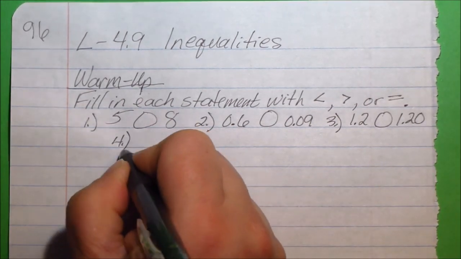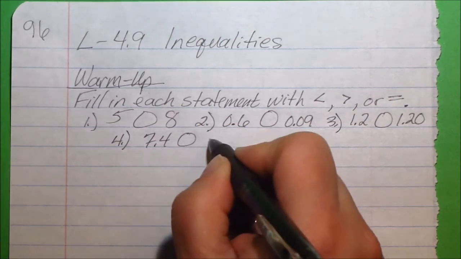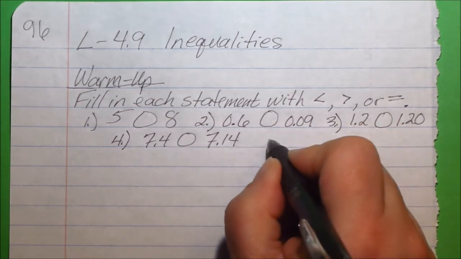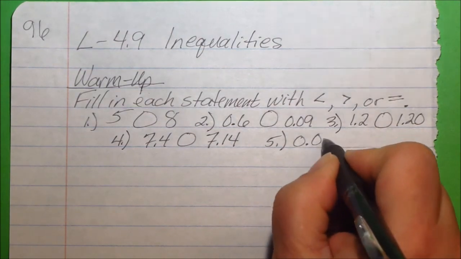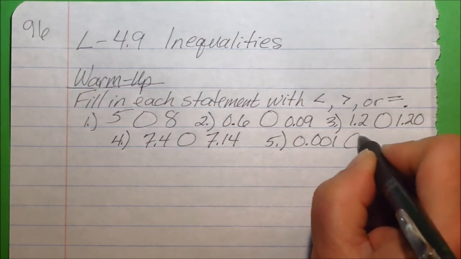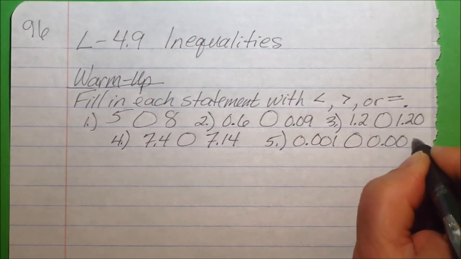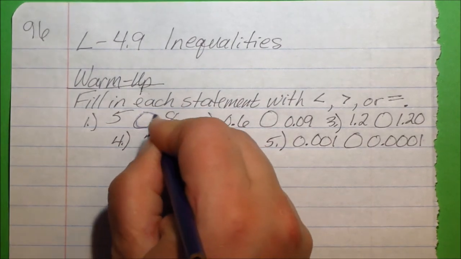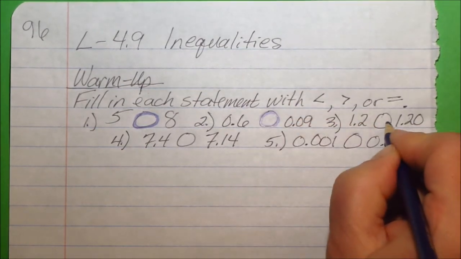Number four, 7.4 and 7.14. And number five, 0.001 and 0.0001.